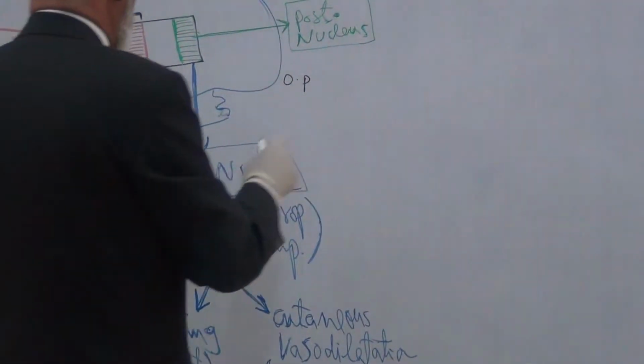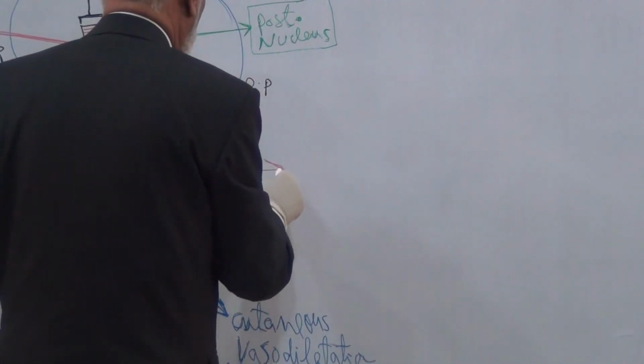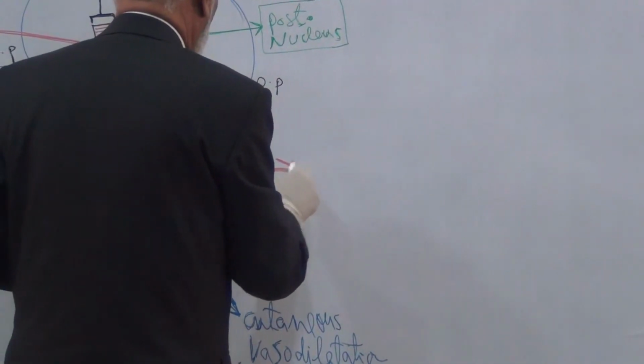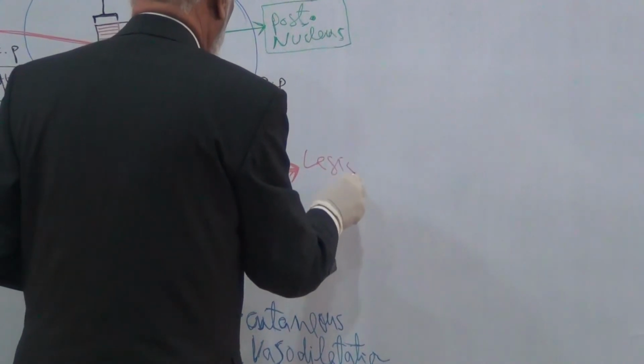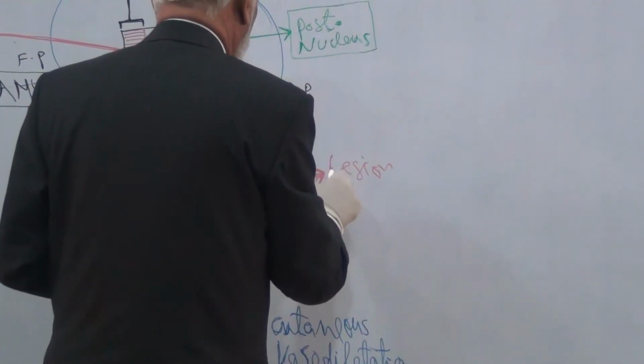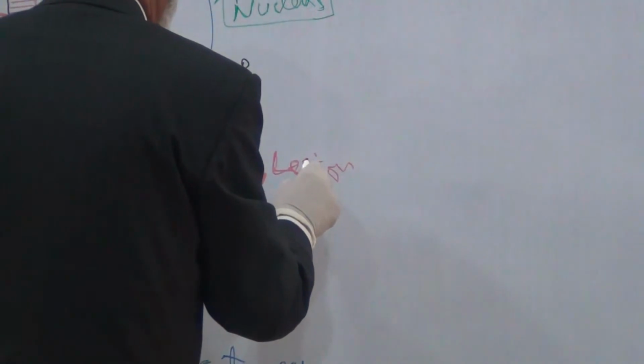When there is a lesion of the posterior nucleus, when it is damaged, what will happen?